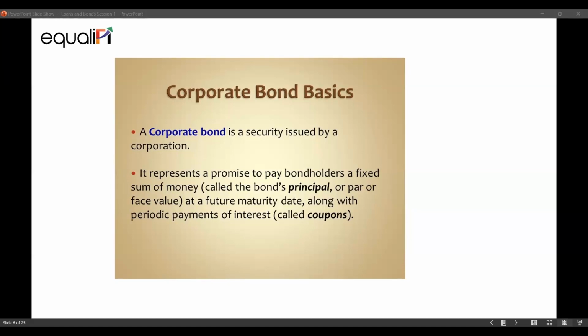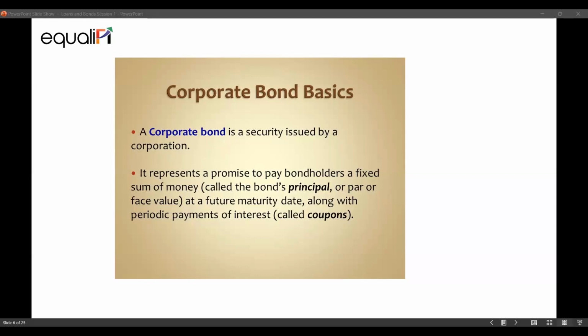We are going to get 5% of 10,000, which is 500, for these 5 years. But at terminal value, it's not only 500, we are also going to get that 10,000, the principal. This is what we get. This is the cash flow.